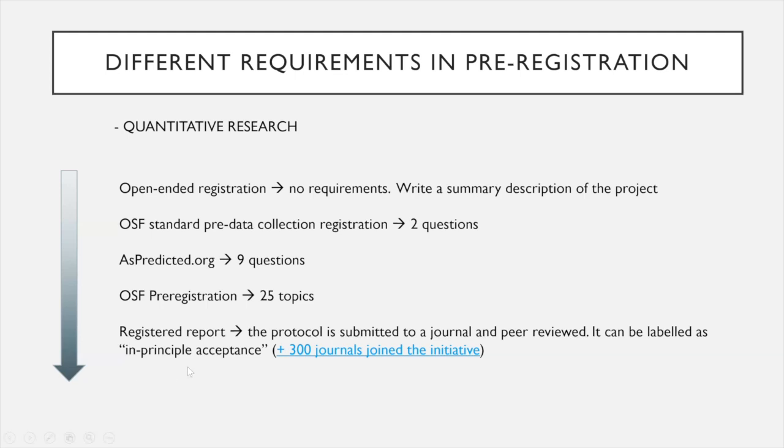The Open Science Framework released an initiative with a lot of journals that already have this protocol, because there are some journals that publish the stage 1 report, that would be our registered report, but they don't give this in-principle acceptance. But here in this list, we have a lot of possibilities that grant this stamp.